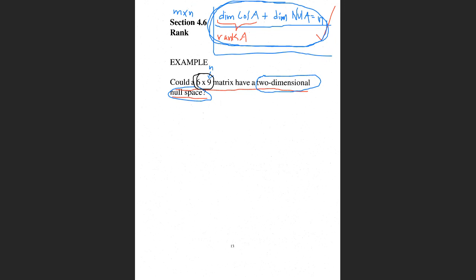Nafani doesn't think so. Why? Okay, Hung says 6 rows. So that means the column vectors. So we have a 6 by 9 matrix, 6 rows, and Nafani's right too. The column vectors have to live in R6. They have to live in R6.